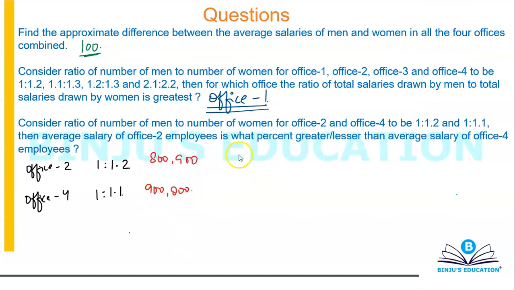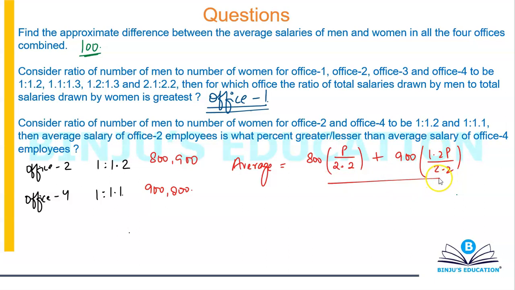So for average, if I want to calculate for the entire office, it will be 800 into P divided by 2.2 plus 900 into 1.P divided by 2.2, and divided by the total number of employees.